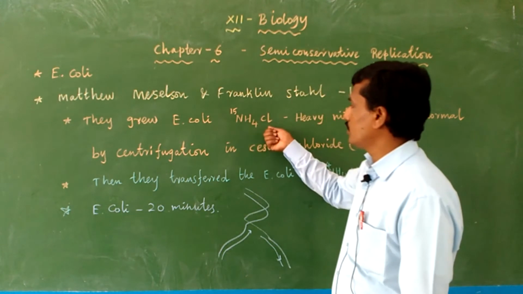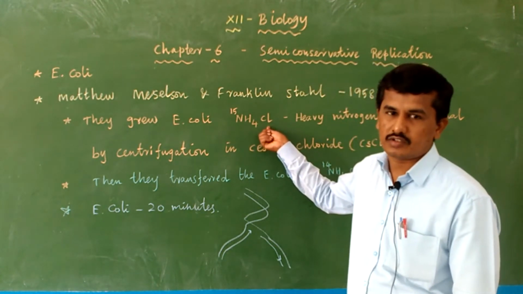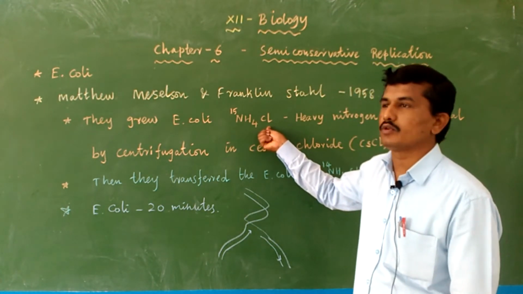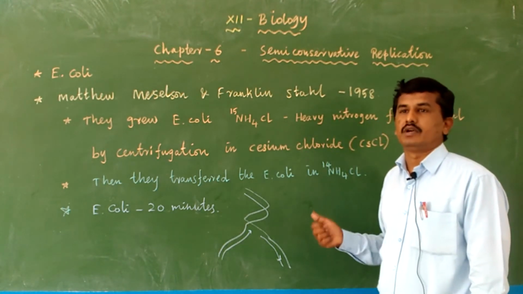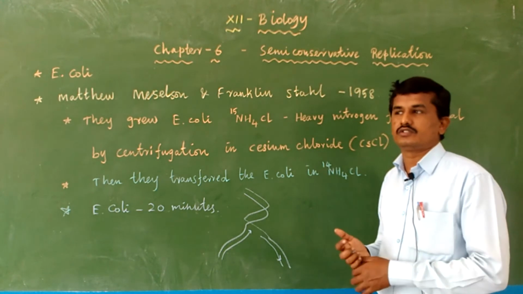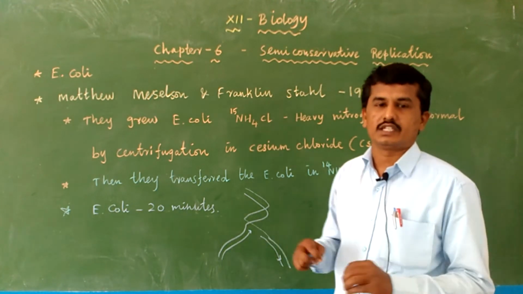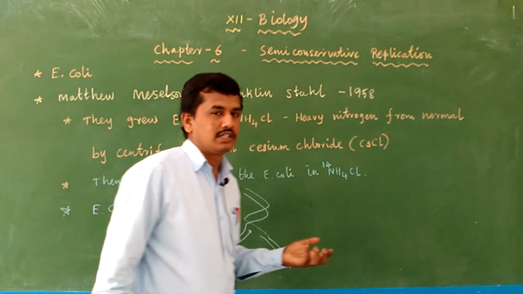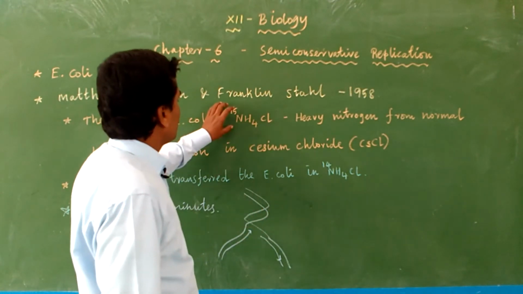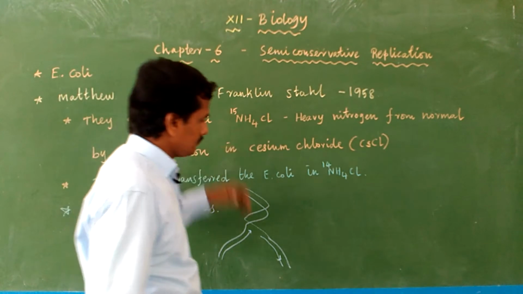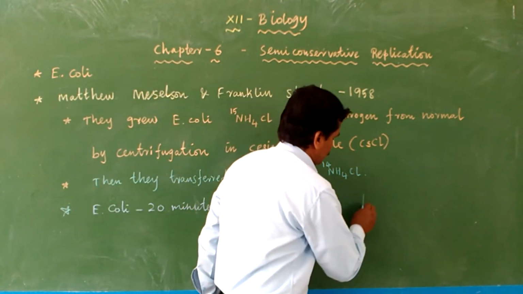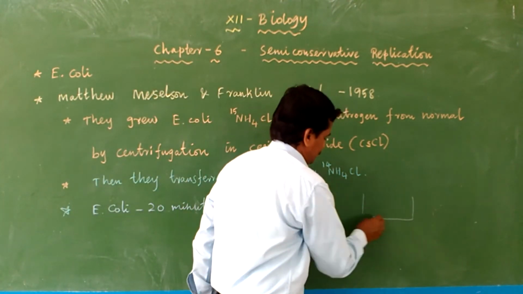Here ammonium chloride is not a radioactive substance, but it is a heavy substance. Heavy substance can be separated by centrifugation from other things. Okay. Then the scientists first take ammonium chloride. I give the experiment: first take a petri dish.